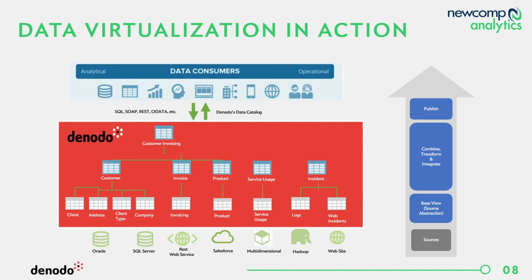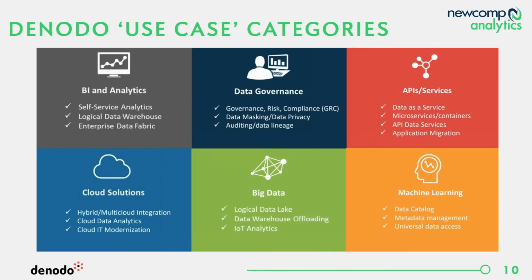Your end users can then consume that data via SQL or a REST API, in your BI tool or Denodo's data catalog, for example, along with other methods. It can also act as a place to set up all of your security, which is based on roles and users in Denodo. This can be integrated with your existing Active Directory server, so users only have to comply with one security model.